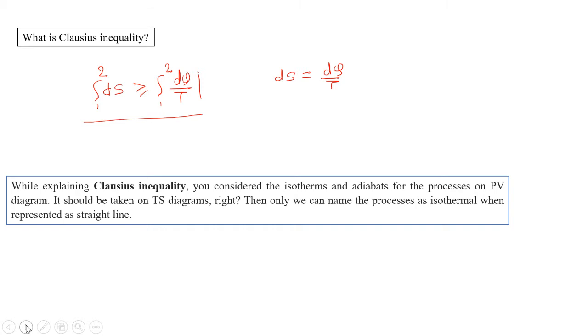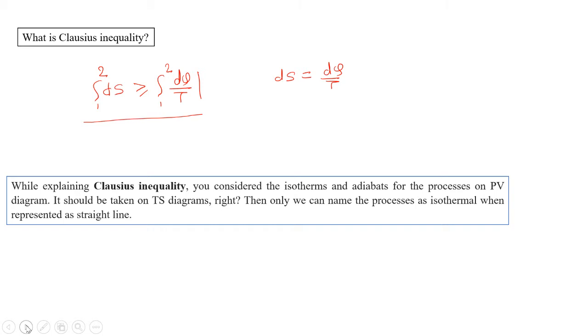So, no two adiabats should intersect with each other, such that if two adiabats intersect, we can make one more isotherm intersecting these two, and then we can construct one cycle with 3 processes, where we will have one isotherm and 2 adiabats, and then we can construct a heat engine, and it will violate the second law of thermodynamics, and then such a cycle is not possible.